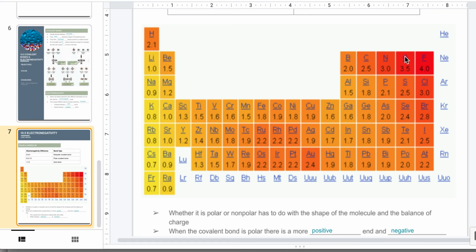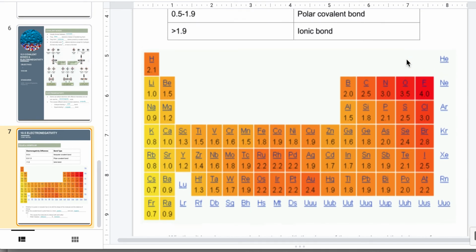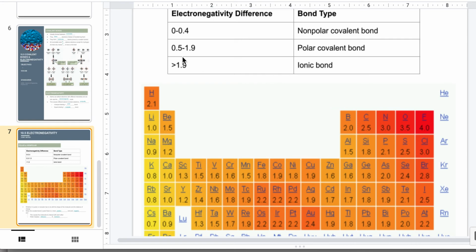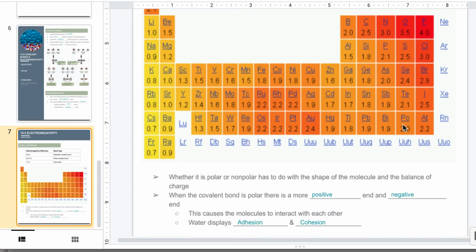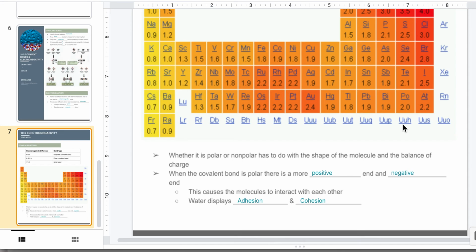You'll notice that oxygen has an electronegativity of 3.5. So if we subtract those, it would be 1.4. So it does fall in the range of being polar, where oxygen is the stronger of the two. So what we find is that the oxygen end of the water molecule has a more negative charge, whereas the hydrogen end has more of a positive charge.